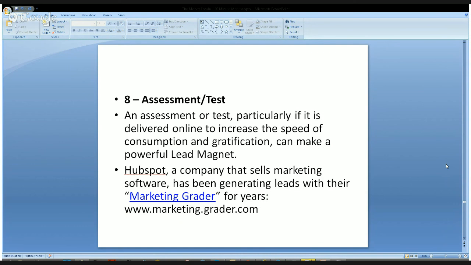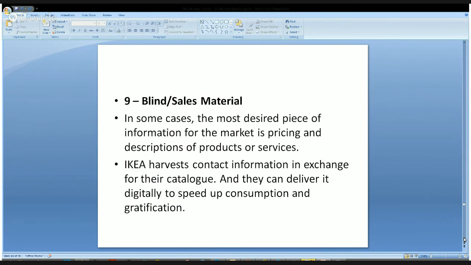They sell marketing software, and for years and years they've been using this same thing. Would they carry on using it if it didn't work? No, it works like gangbusters. So take a look at that, just to help get your imaginative juices flowing.